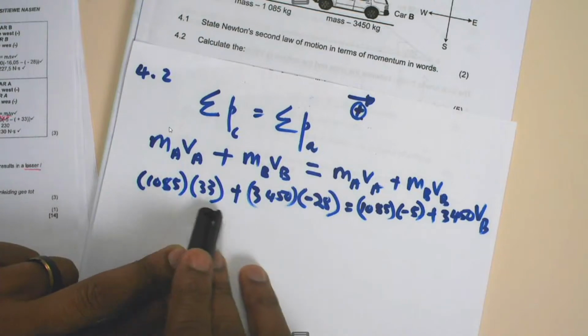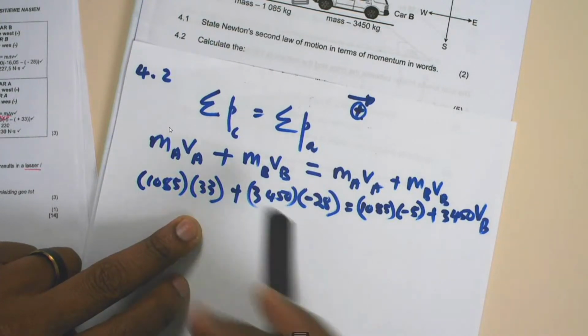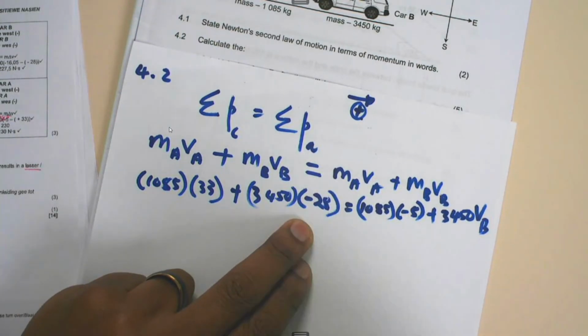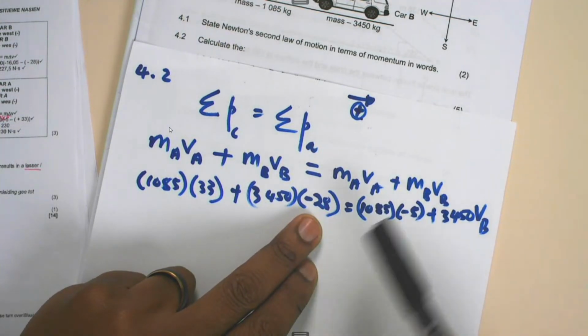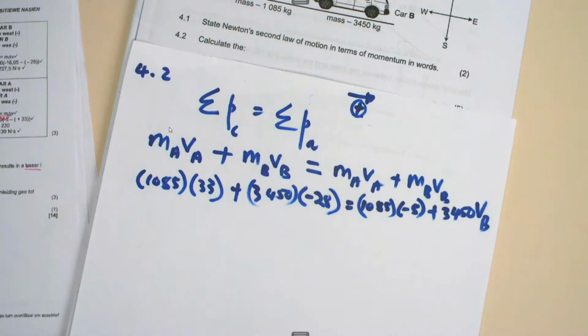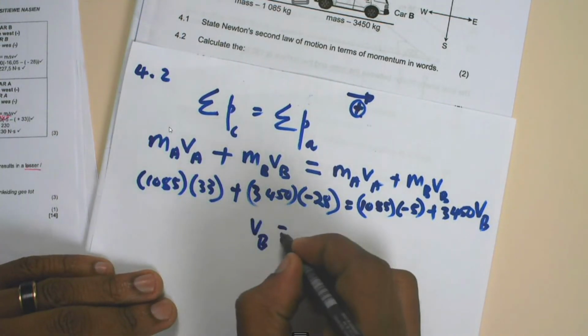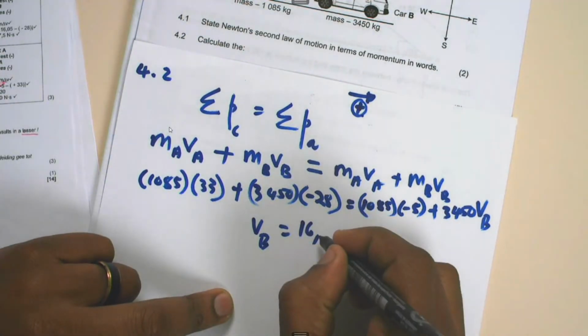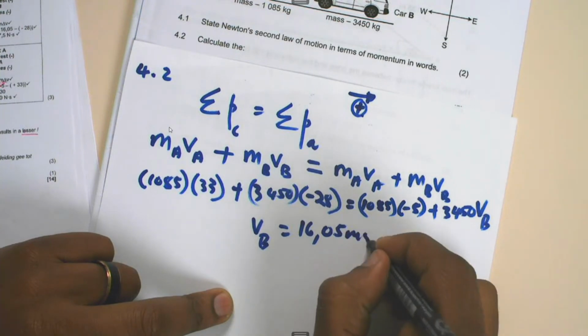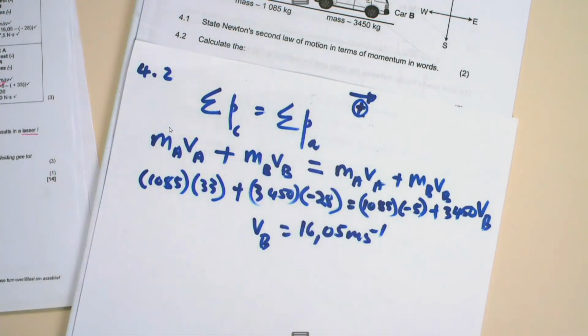Everything that moves towards east must have a plus. Everything moving to west must have a negative, so the negatives were assigned to these particular two. Then I can further do my maths and solve for VB, and I will get VB as something like 16,05 meters per second.